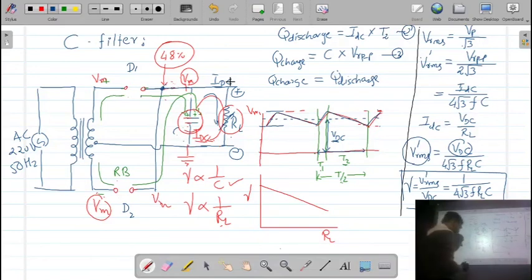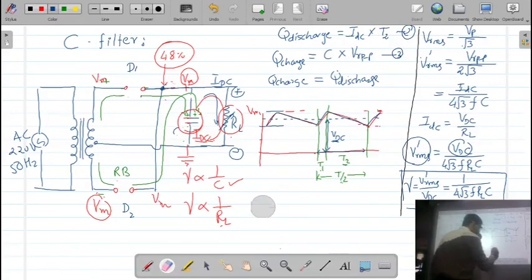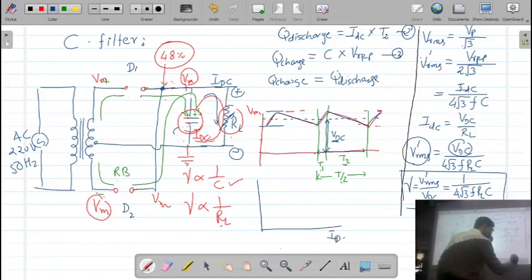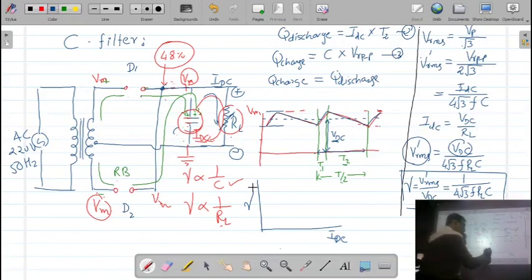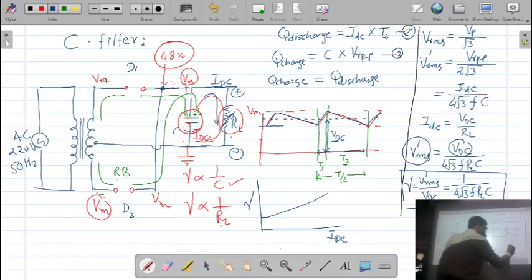So instead of RL, here if we draw the graph of IDC against the ripple factor, then for the lower value of the current the ripple factor will be low, and as the current increases, the ripple factor goes on increasing.